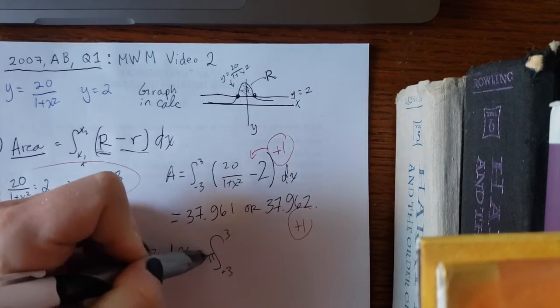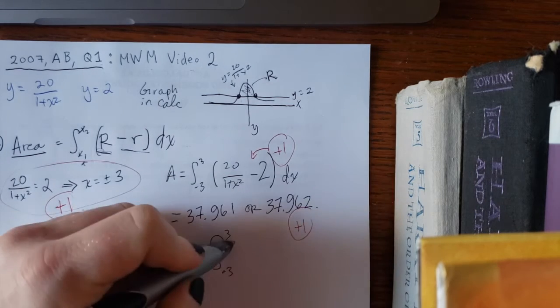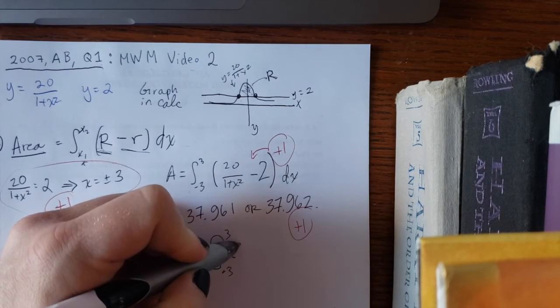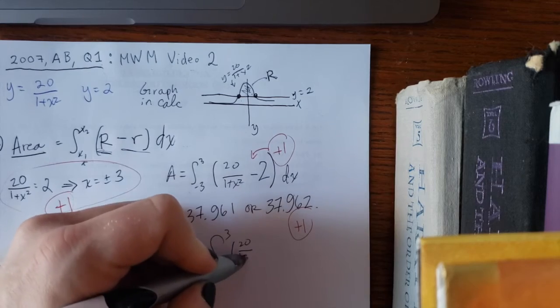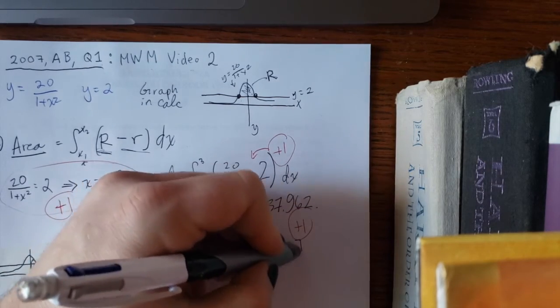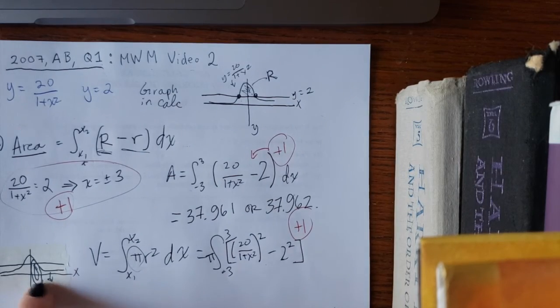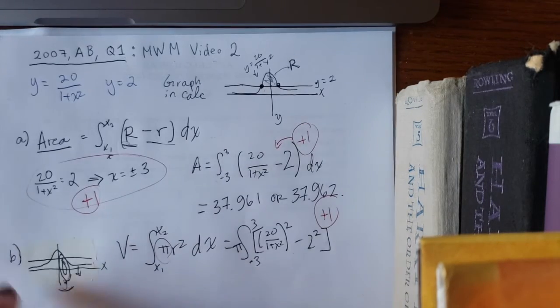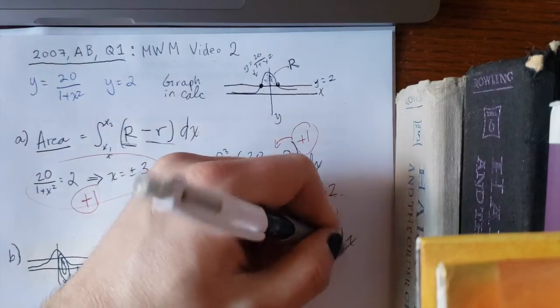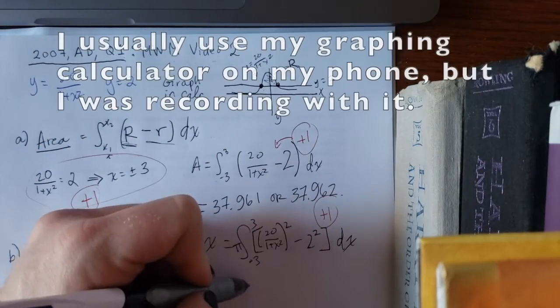I'm going to put that pi out front because it is a constant coefficient. And then I have 20 over 1 plus x squared minus 2, squared, because it's our outer radius squared, so our big circle minus the area of our inner circle. That's how I like to think about it. Don't forget your dx.